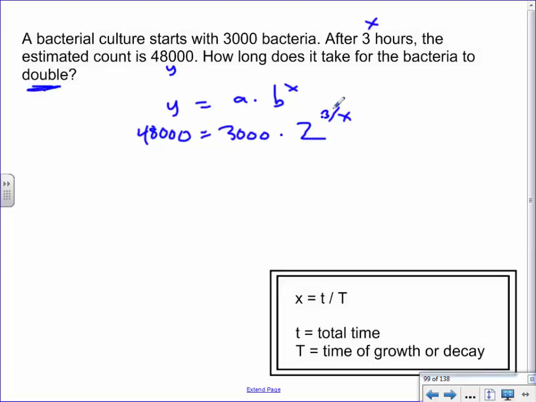This is how long it's actually been. It has been 3 hours. The bottom of this little fraction is the period. I think she used the word period yesterday. It's how long will it take for it to double? We don't know how long it will take for it to double. So it's actually the bottom of the fraction that's x. Does that setup make sense?